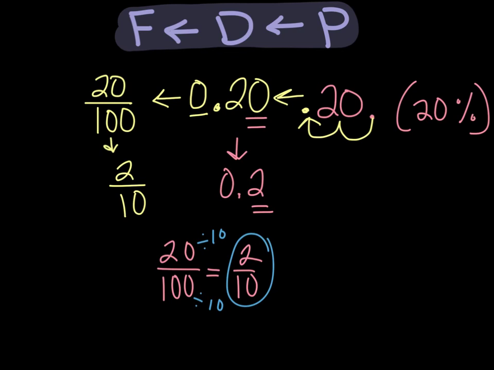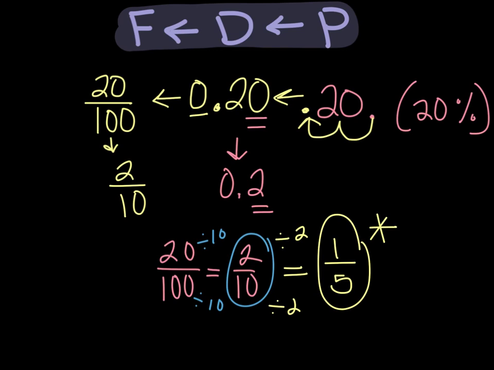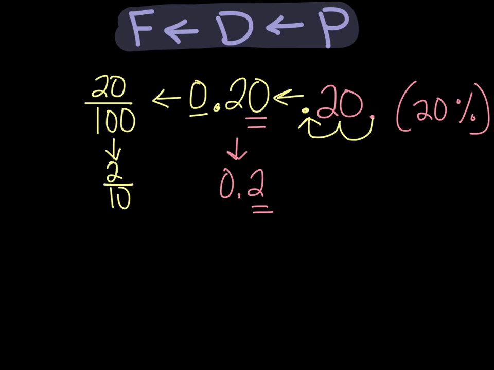So if we take the problem we were working on earlier and just divide one more time by 2, we will get the fully simplified fraction. Now this is the answer I'll be looking for. These two answers, 20 hundredths or 2/10, are not incorrect, but they're not fully simplified like this guy. So really we want him to be in our final answer.